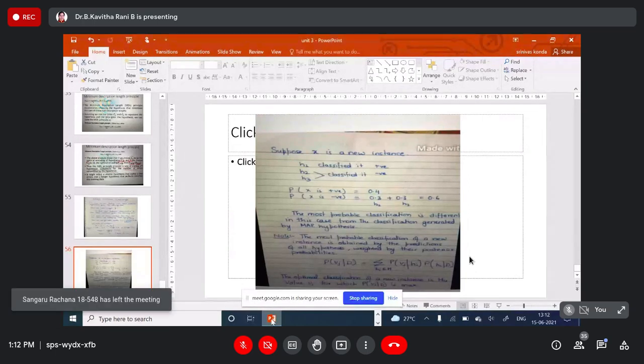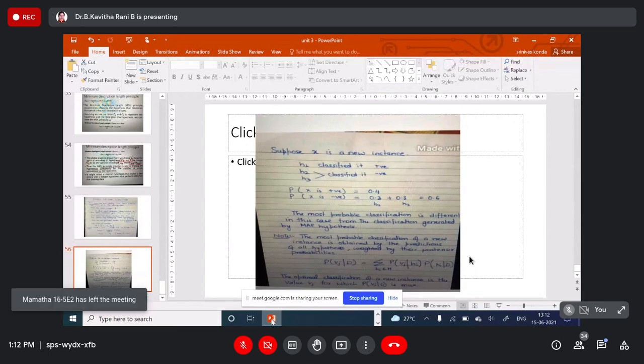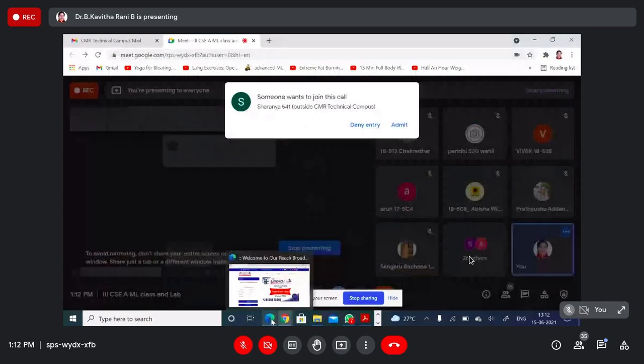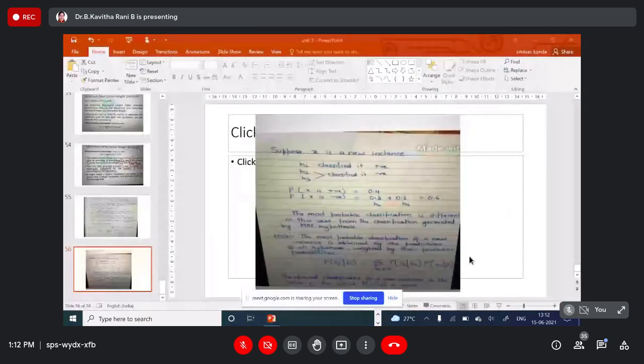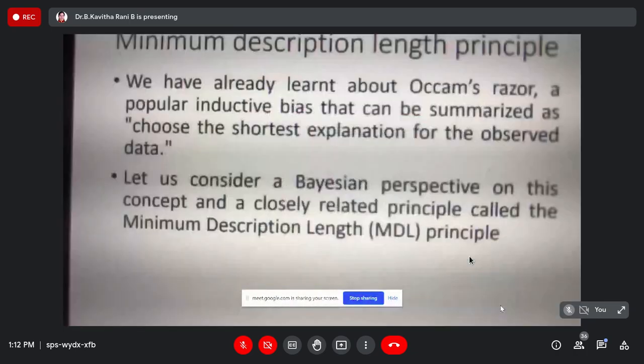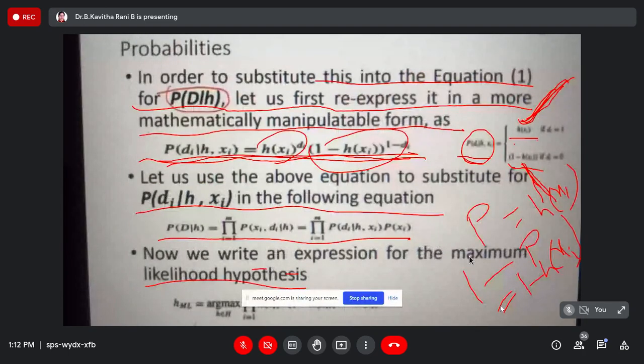We used the maximum likelihood hypothesis technique for predicting the probability. So here I repeat it again.